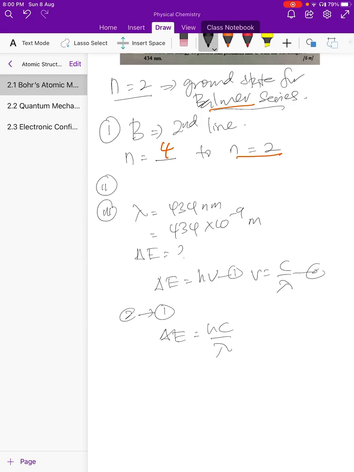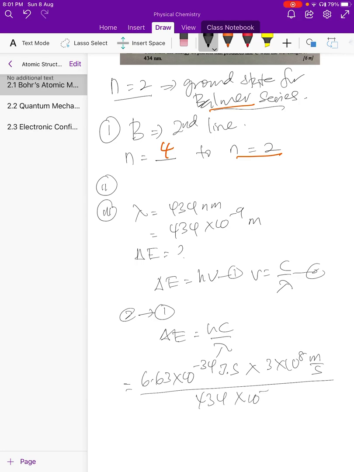Okay. And h is Planck's constant, 6.63 times 10 to power negative 34 joule second. The c is speed of light, 3 times 10 to power 8 meter per second. And the lambda is given, sorry, 434 times 10 to power negative 9 meter. Okay, negative 9. Maybe it was not clear, sorry about that. Negative 9 meter. So we see what we can cancel.